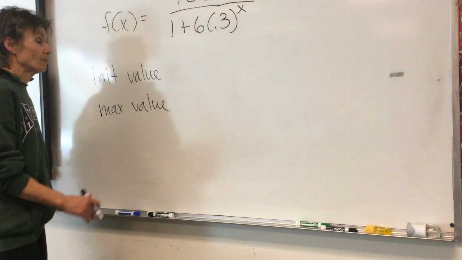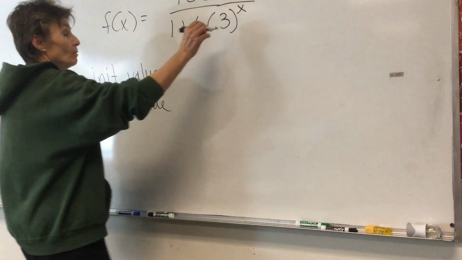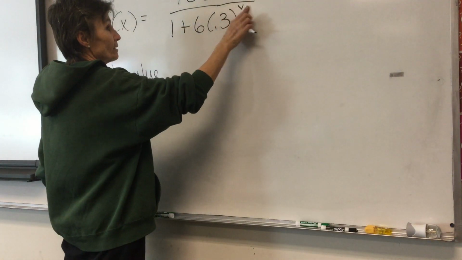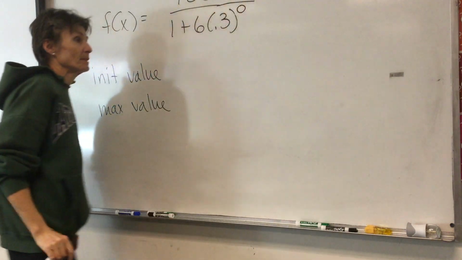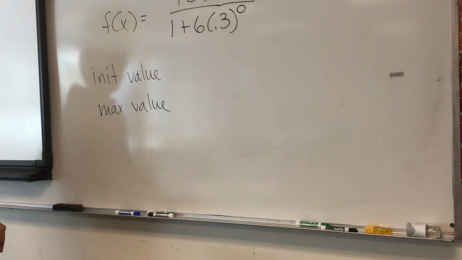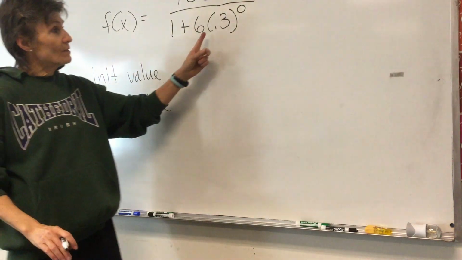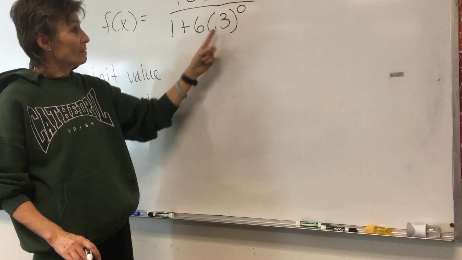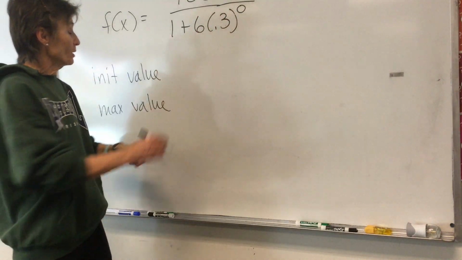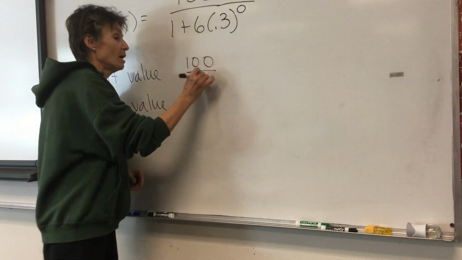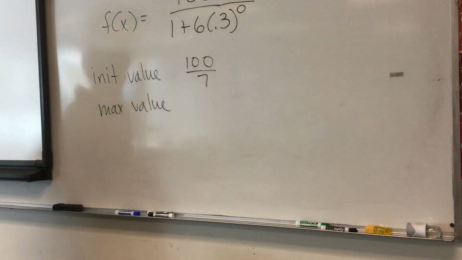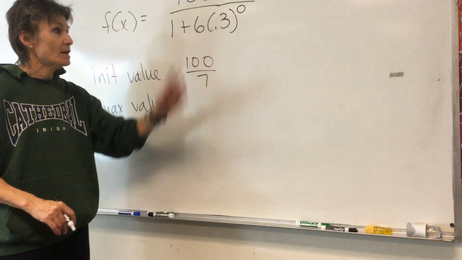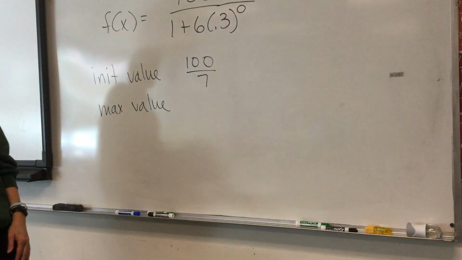So here I go. I'm putting in 0 for x right here. And what's going to happen if I let x be 0? Well, this is going to go to 1. So this will become 6. So it looks like my initial value is 100 over 7. That doesn't reduce, so that's just my answer.